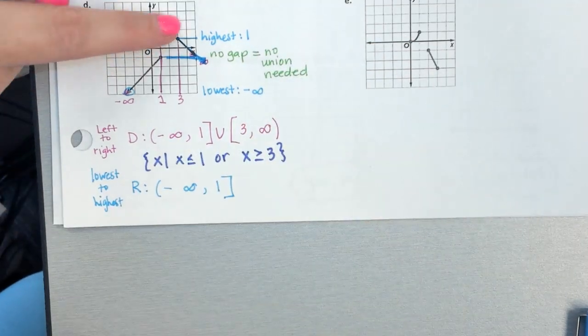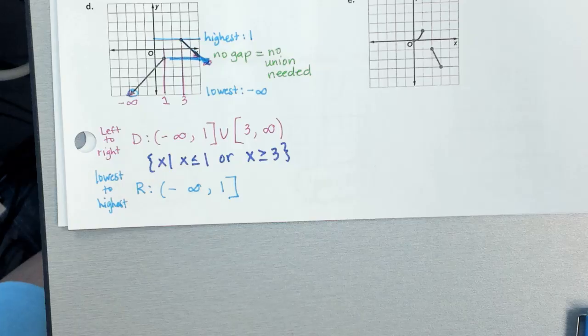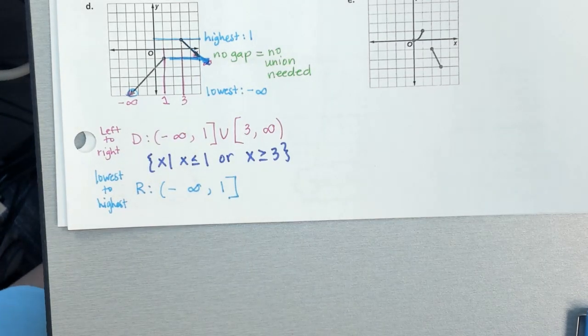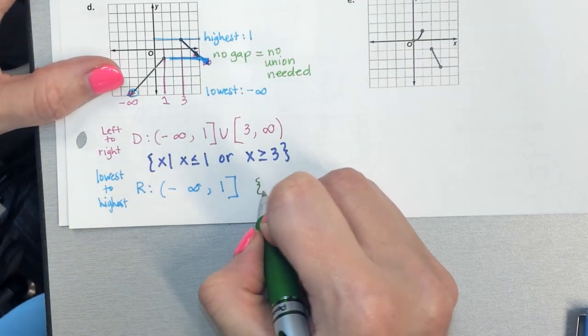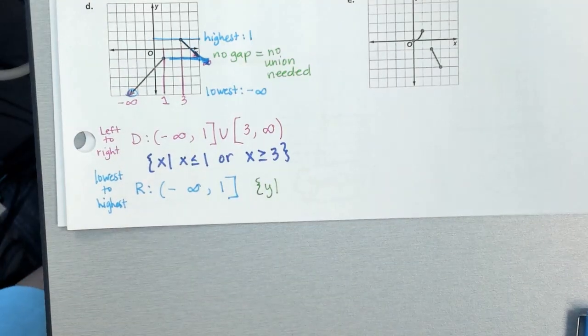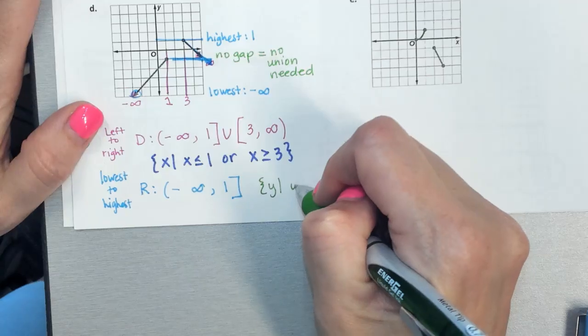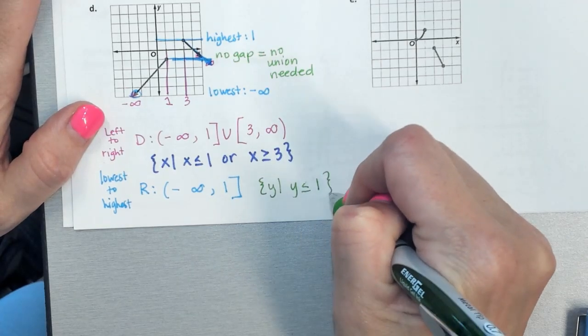Okay, you can also think of it as, oh, if they overlap each other, you don't need the union. There's no gap because this is going to keep going down. Okay, so then when we write this in terms of set builder, all of the values are below 1. So we would say y is less than or equal to 1.